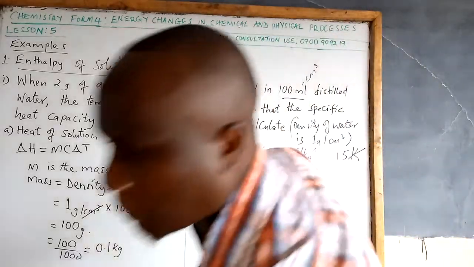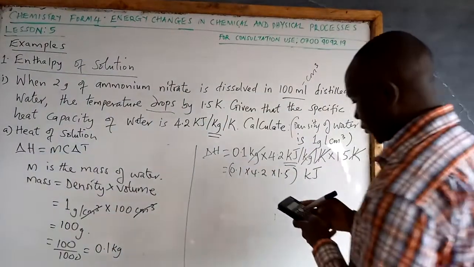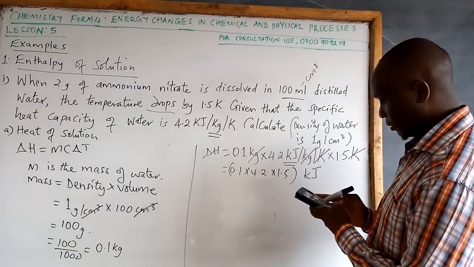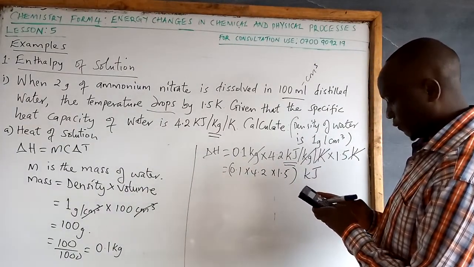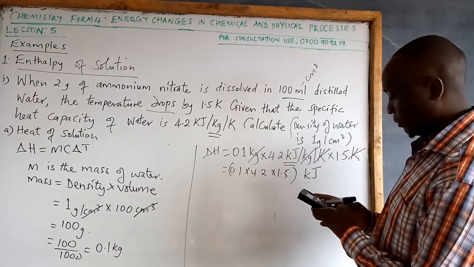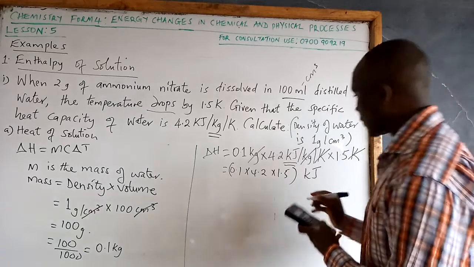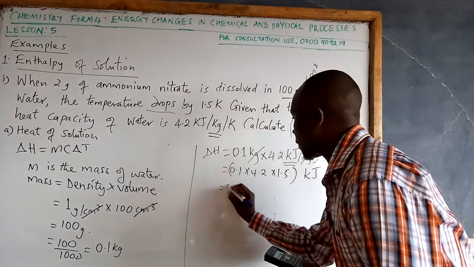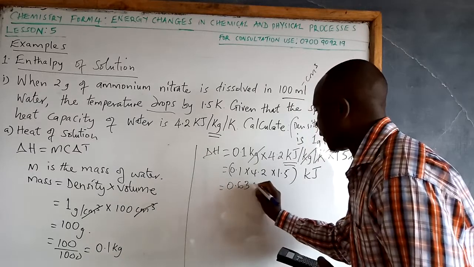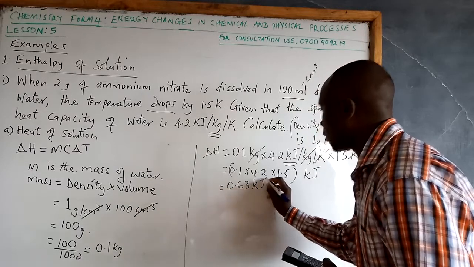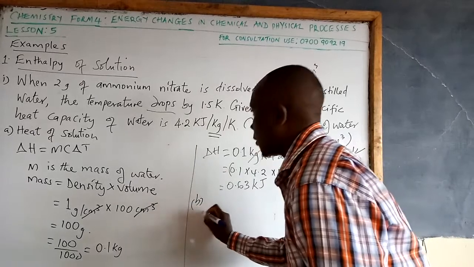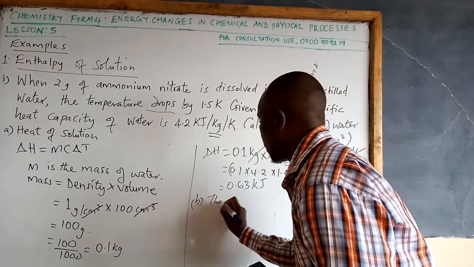So we multiply that: 0.1 times 4.2 multiplied by 1.5. That gives us 0.63 kilojoules.